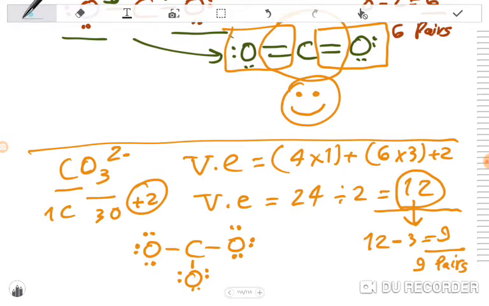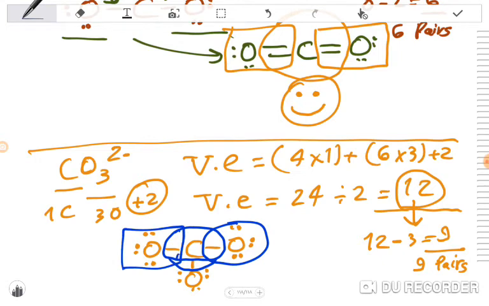Carbon has no octet, but the oxygens have octets. Here, one of the oxygens, no difference, this oxygen or this oxygen or this oxygen, can do this and share one of the lone pairs between oxygen and carbon, and the problem is solved. Okay?